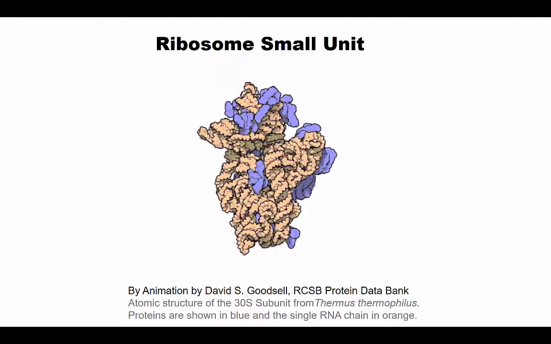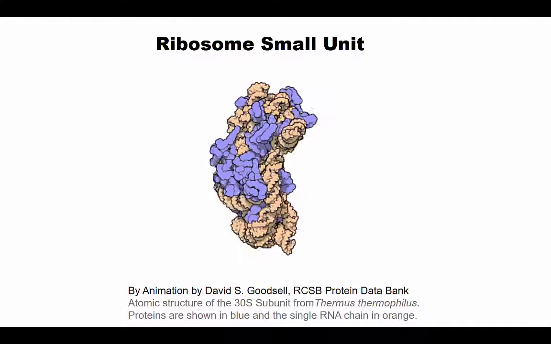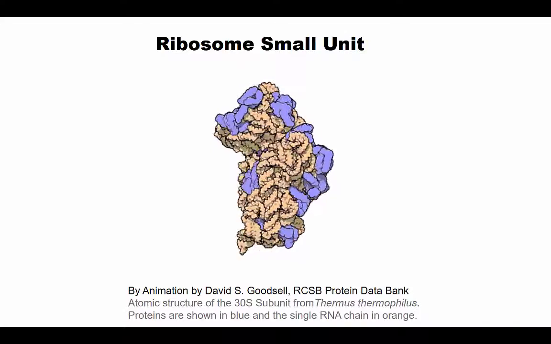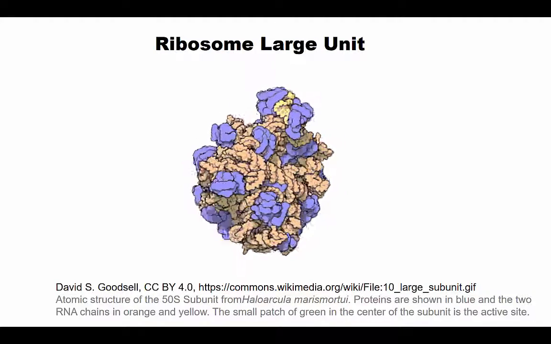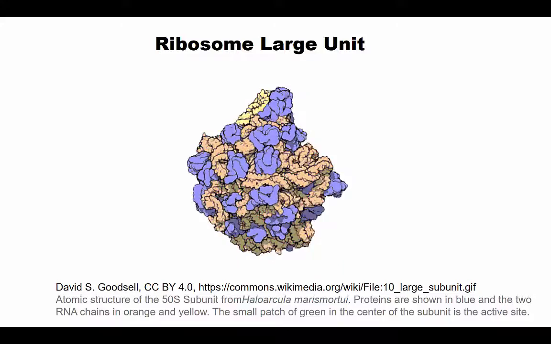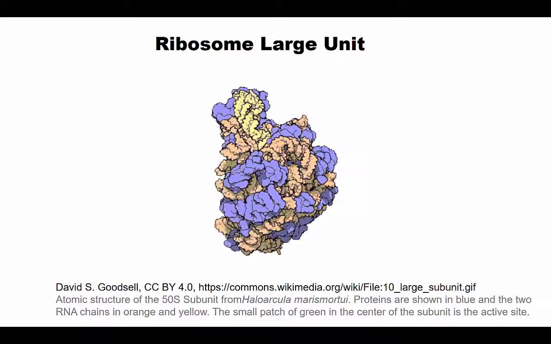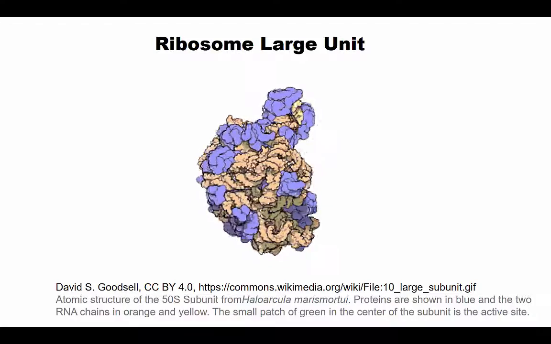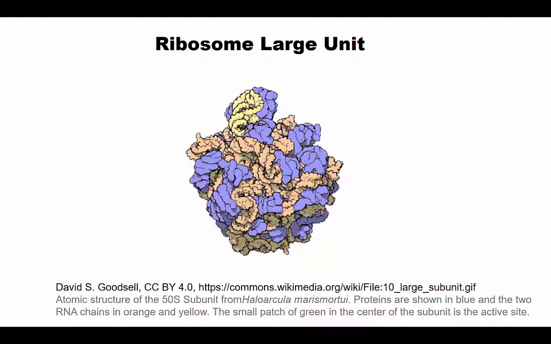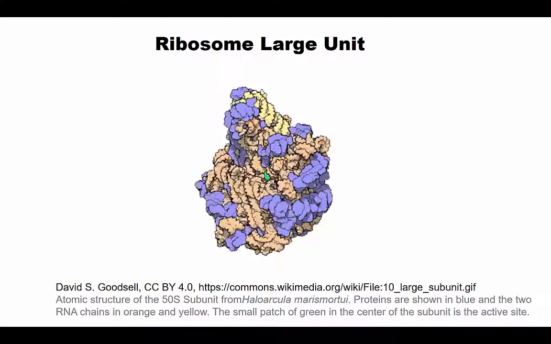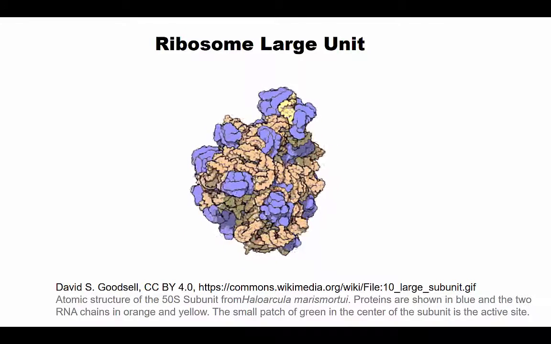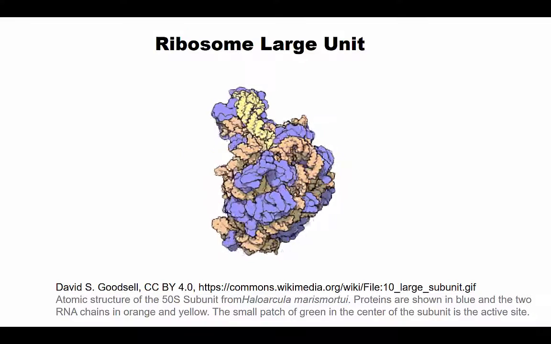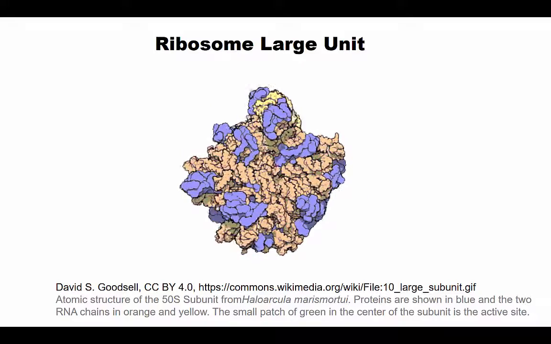So we can assume these proteins are doing some regulatory job, but the general structure is from RNA. How about the larger unit of the ribosome? The larger unit has 2 RNAs, one designated in orange, one in yellow on top, and they are still forming the central structure. And you can see those blue structures are proteins attached to the RNA structures.